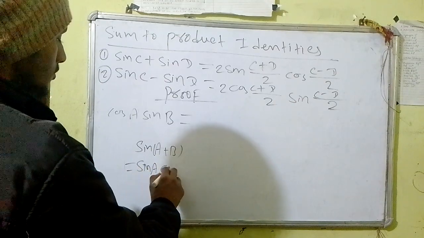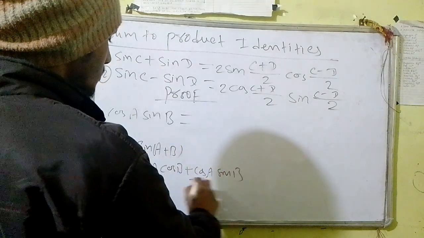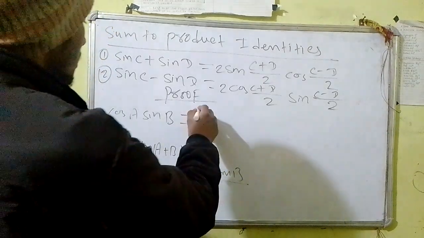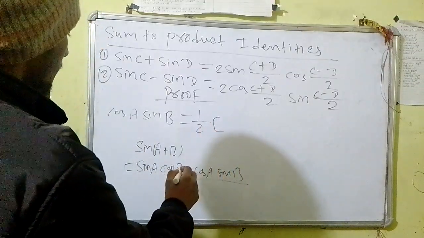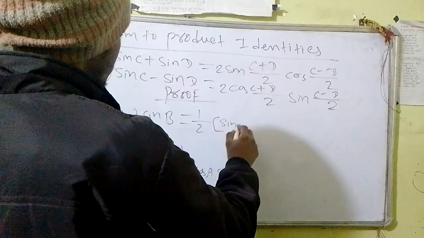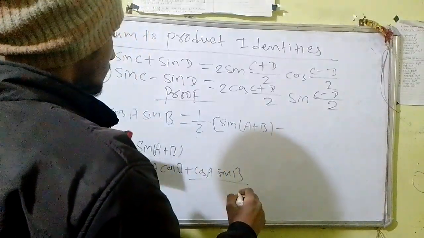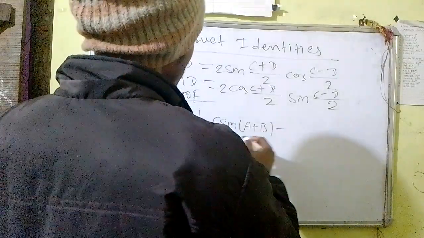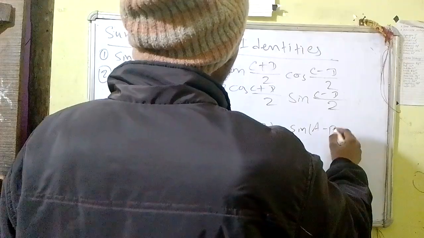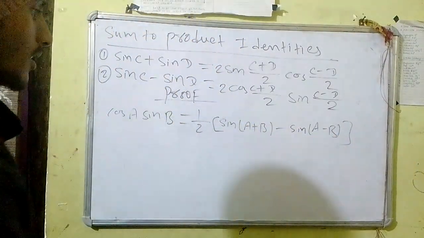Sine A cosine B plus cosine A sine B. Cosine and sine are in the formulas of A plus B and A minus B. Since cosine is first, it's going to be sine A plus B minus sine A minus B. If you can't remember this, check your notes, because I also sometimes can't remember it.